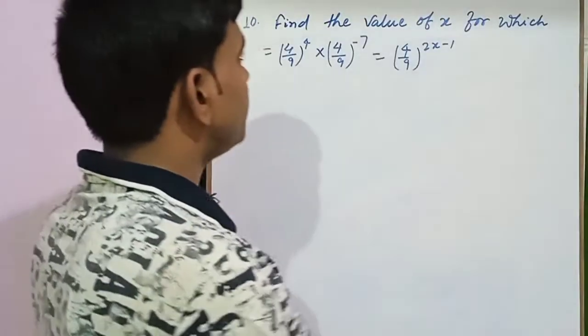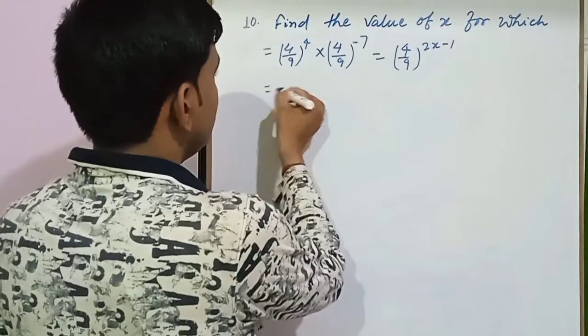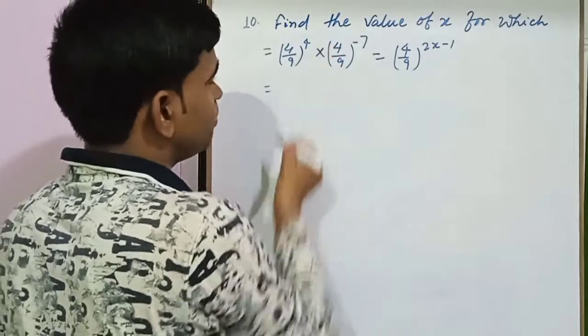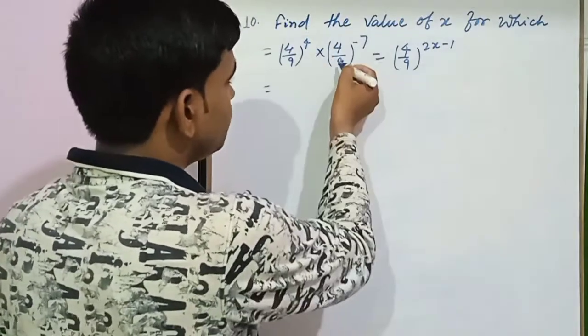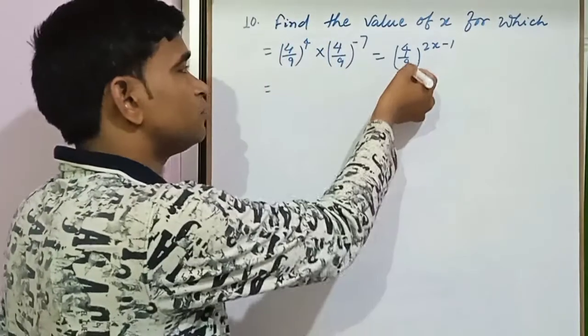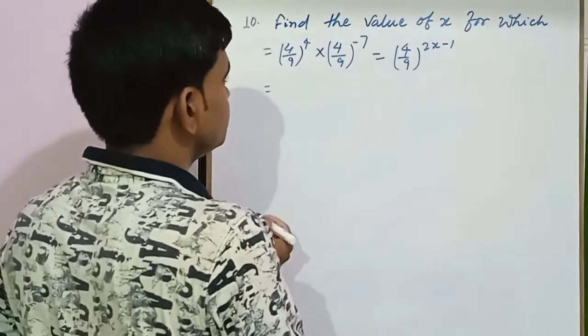Question number 10. Find the value of x for which 4 upon 9 raised to the power 4 into 4 upon 9 raised to the power minus 7 is equal to 4 upon 9 raised to the power 2x minus 1.